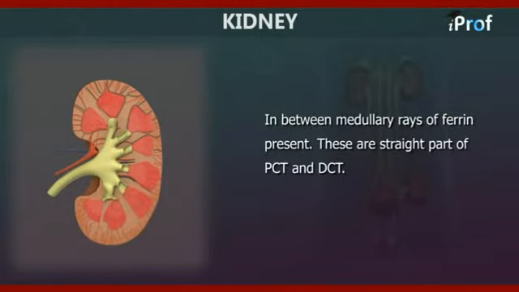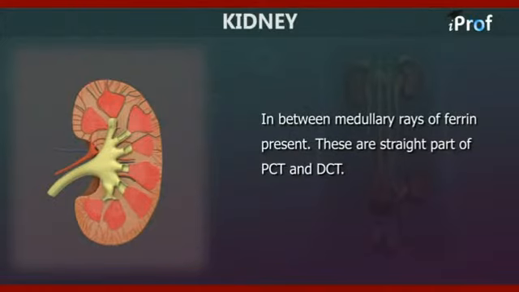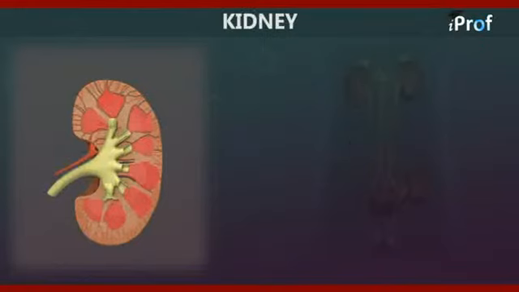In between, medullary rays of Ferrein present. These are straight part of PCT and DCT, also called proximal convoluted tubules and distal convoluted tubules.